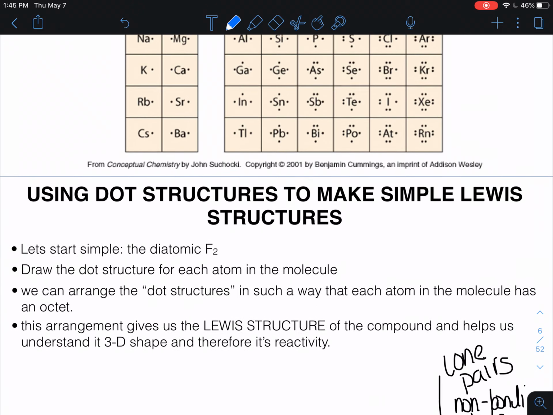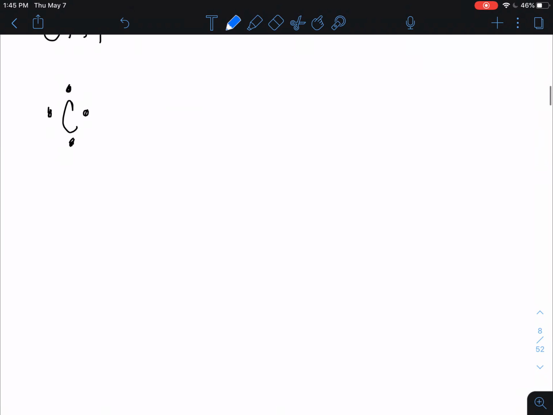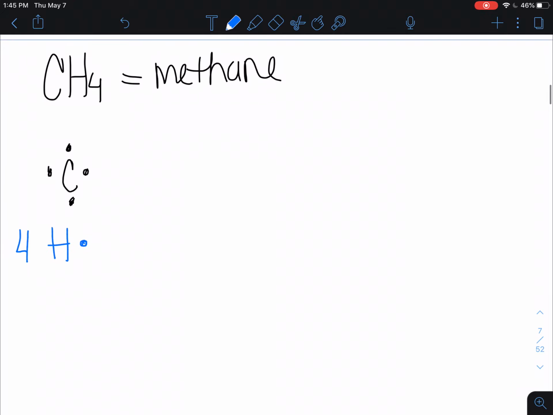Each hydrogen atom has 1 valence electron associated with it. So I'm going to put 4H. Now we're going to arrange these in such a way that each hydrogen shares its blue electron with the carbon atom, and the carbon atom shares each one of its black electrons with each hydrogen.